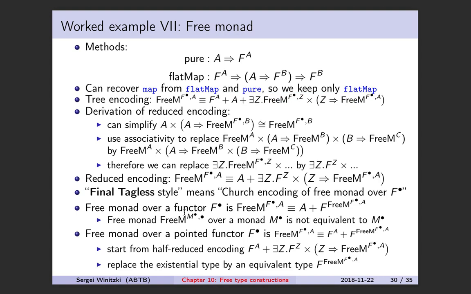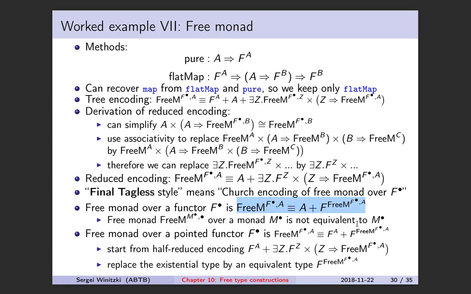So again, let us consider what happens if you do a free monad over a functor. So you can actually save yourself a lot of trouble, because if f is a functor, then we can use the identity, which says that this expression is equal to f of this, which is this. So now we get a recursive definition, which is much simpler, which is a free monad over a functor.